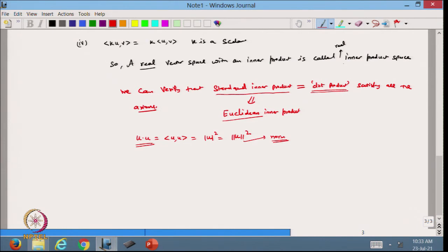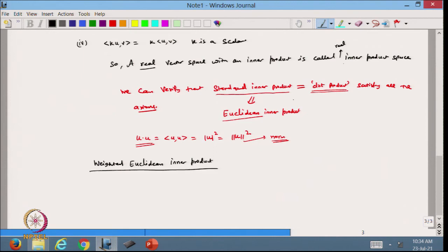Now we will discuss inner products in other vector spaces. After discussing this one, we can discuss the weighted Euclidean inner product.